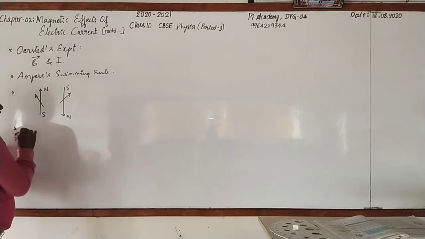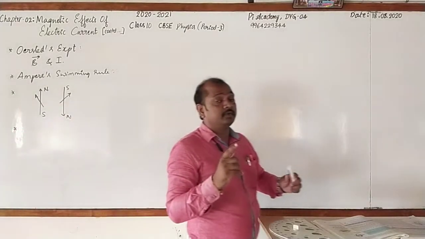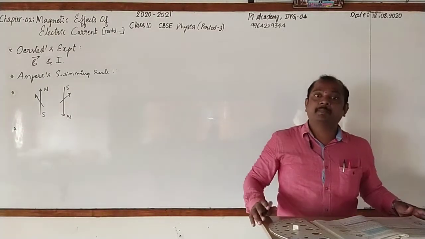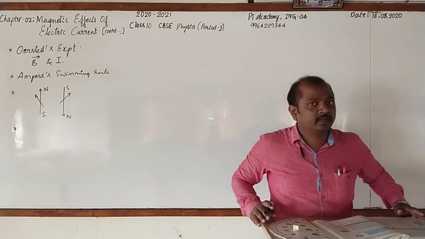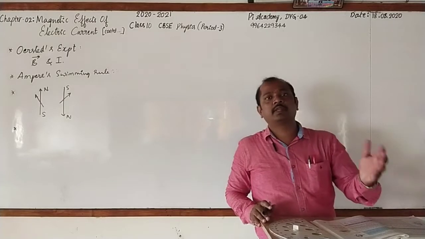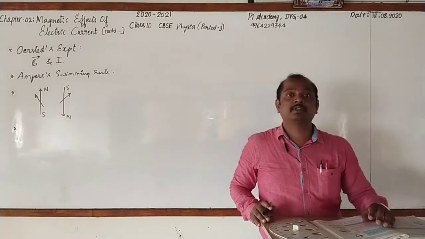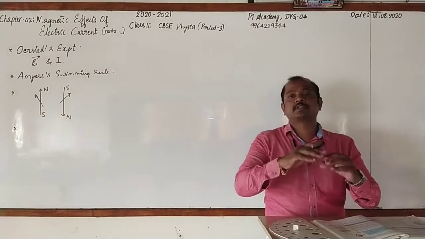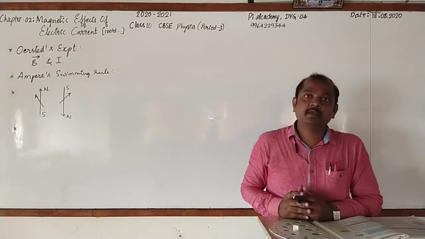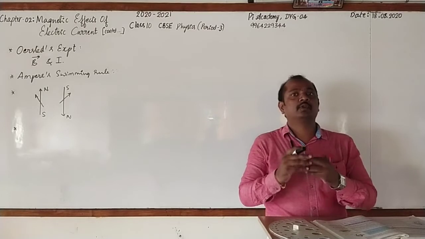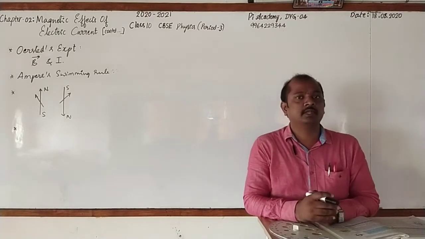Then after all this, we learned the pattern of lines of force around a conductor carrying current, because we have already come to know the pattern of lines of force around a bar magnet. As a conductor carrying current behaves like a magnet, therefore there must be some pattern around it.